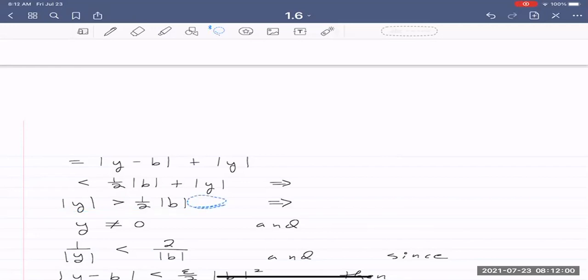The absolute value of b is greater than or equal to 0. And so 1/2 the absolute value of b is greater than or equal to 0. Therefore, y in absolute value is greater than 0. And so y is not equal to 0.